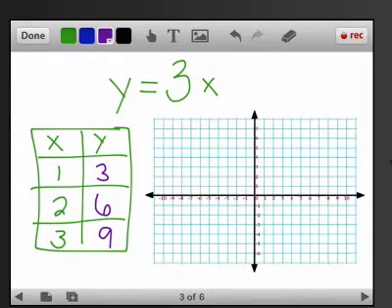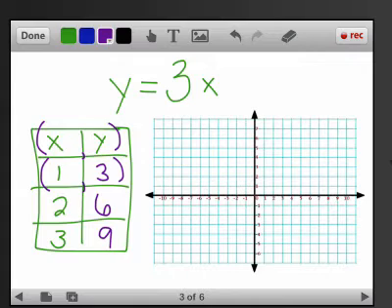Now that I have my chart filled out, I can graph those 3 onto my graph. Think about it as an ordered pair. 1, 3 would be my first ordered pair.